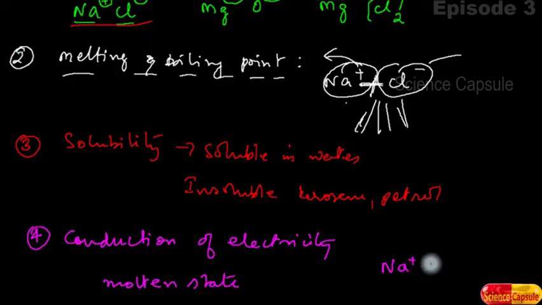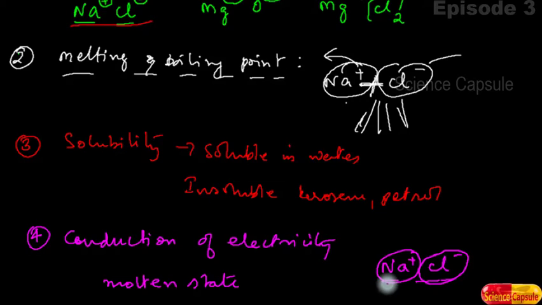You see here Na+ Cl-, due to the presence of strong interionic force of attraction, the particles get attracted towards each other and they form a rigid structure. Due to this rigidity, the ions are not free enough to move from one place to another. So they do not conduct electricity in solid state.